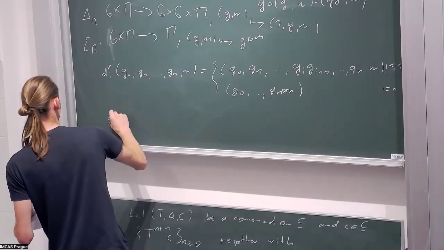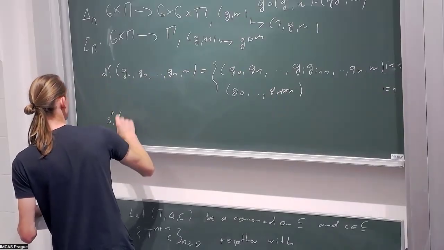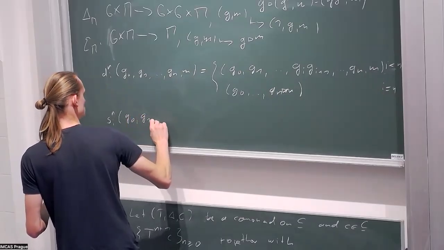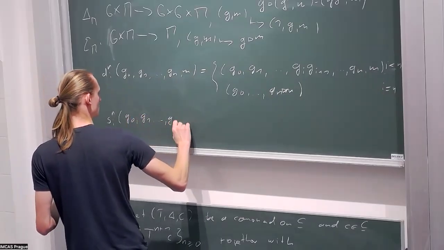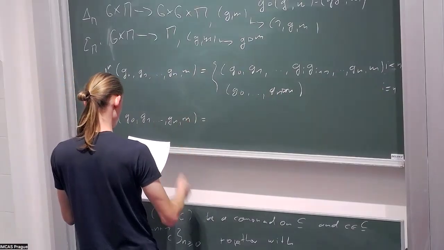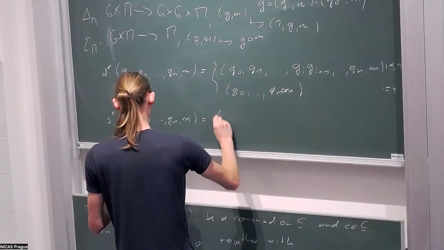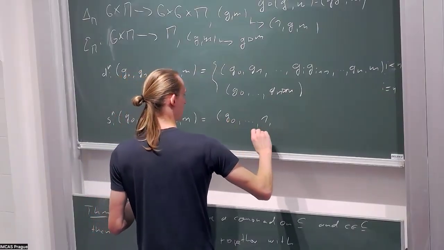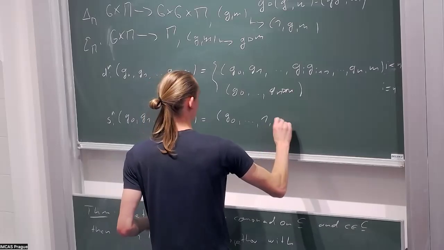And here the degeneracy operators applied to such a tuple insert a 1 in front of the i-th spot.